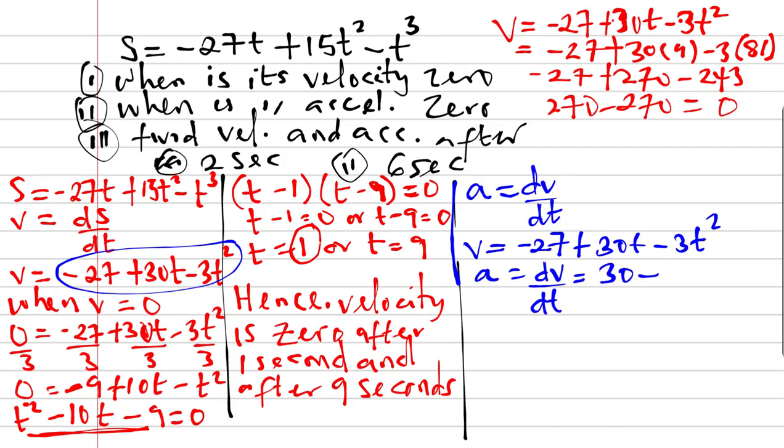If you differentiate 3t squared, you will get 6t. I guess you get what I'm saying.